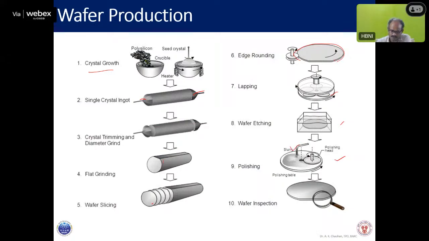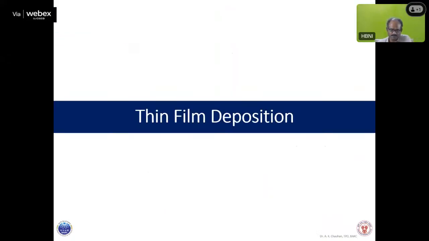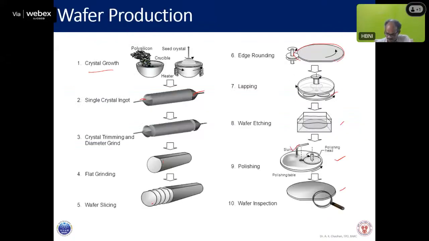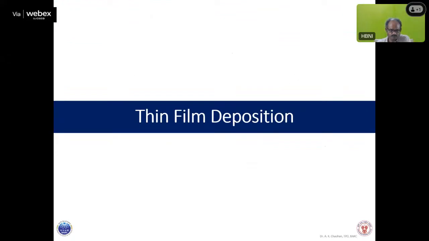After polishing, everything is inspected. If there are some defects or other issues, this can be optically observed. And if everything is fine, then this wafer is sent for cell fabrication. So that is the crystal growth part.